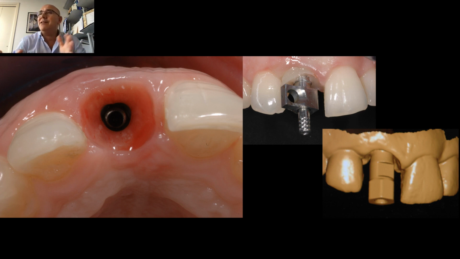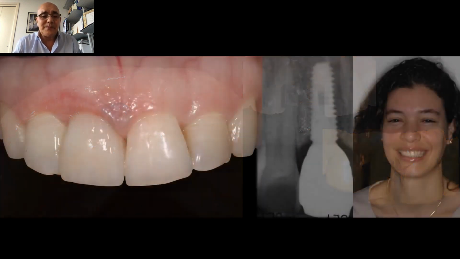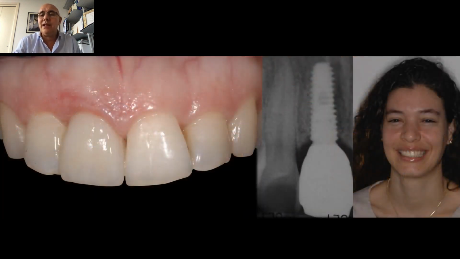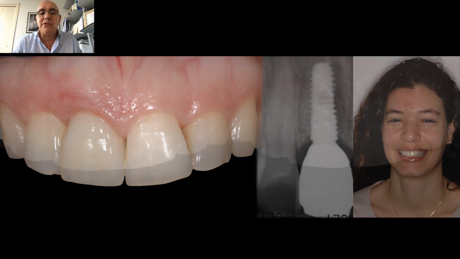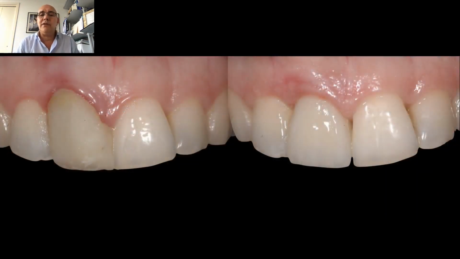We did one analogic and the other one with the digital system. We delivered it to Ines, and Ines, as you can see, was very, very happy because she could finally smile without any concern because of her young age. She had a beautiful restoration going from a very compromised situation to a much more natural one, and of course aesthetic as well.